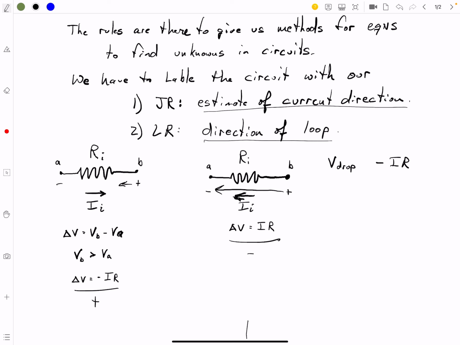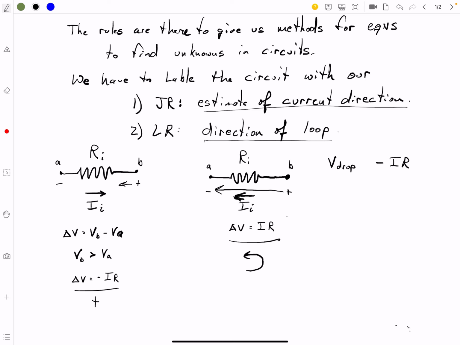What do we have here? I'm sorry, with the Kirchhoff second rule, I'm talking about the second rule now, okay? So let's say that we've drawn our circuit such that our loop comes this way across that circuit.